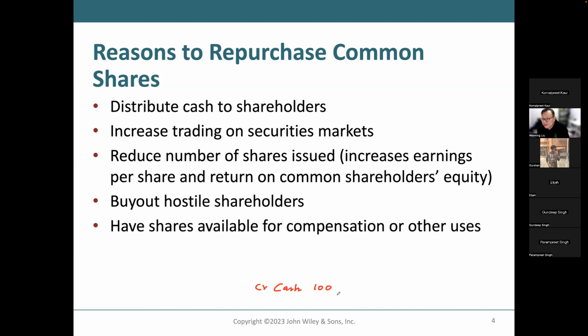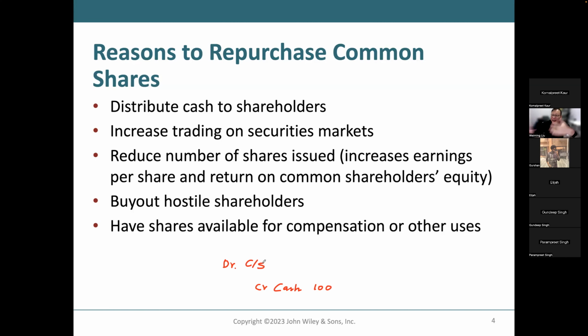but this won't be balanced, right? You have to do another thing, right? On its own, this won't be balanced. You have to debit something. What do you debit? You debit common shares, right? So normally, if you credit your common shares, that will increase the common share balance.